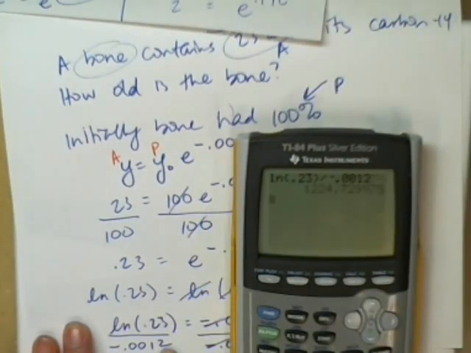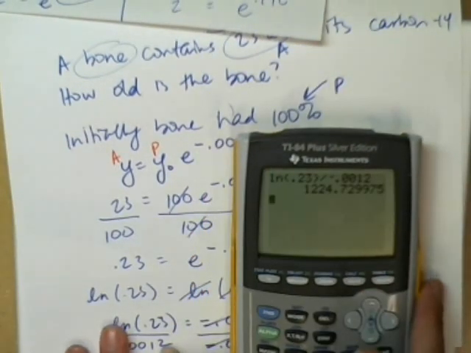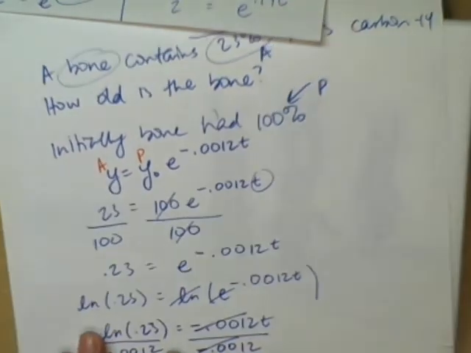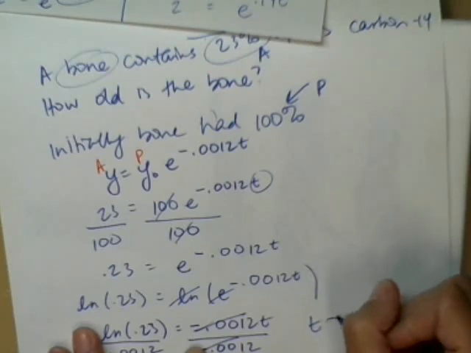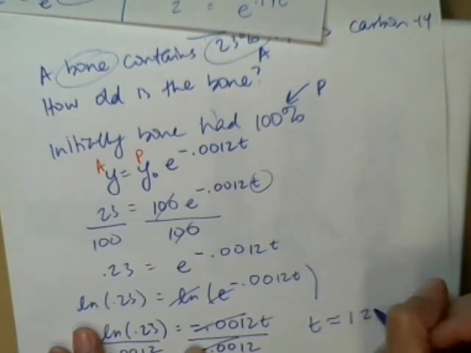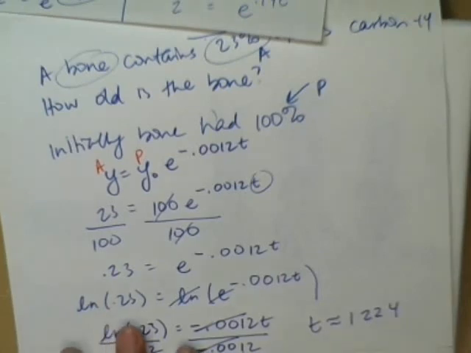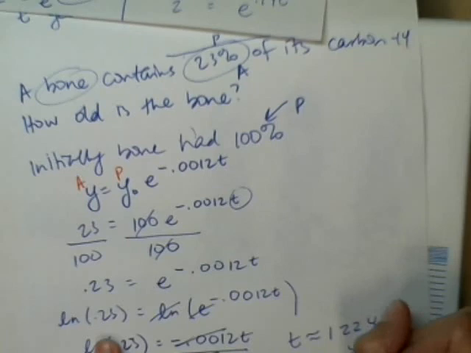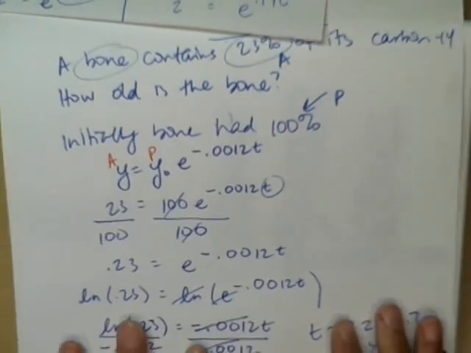Otherwise you'll get an error. I hit enter, and I come up with my answer, which is 1224. So t is approximately 1224.7 years. Okay, and there's our answer.